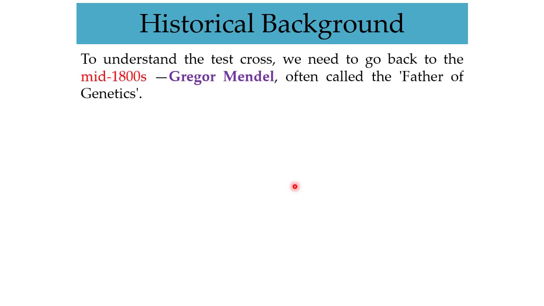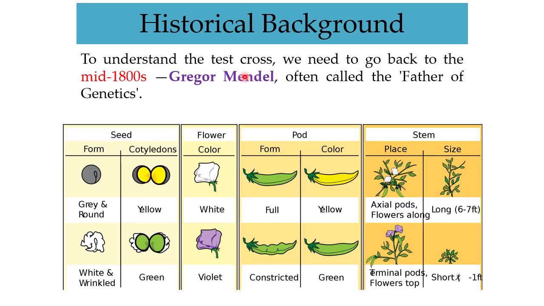To understand the basic concept of the test cross, you have to go back to the mid 1800s, where Gregor Mendel, who is known as the father of genetics, was working with the pea plant and focusing on a lot of traits. For example, he was interested in the forms of the seed, whether the seeds are round or wrinkled.